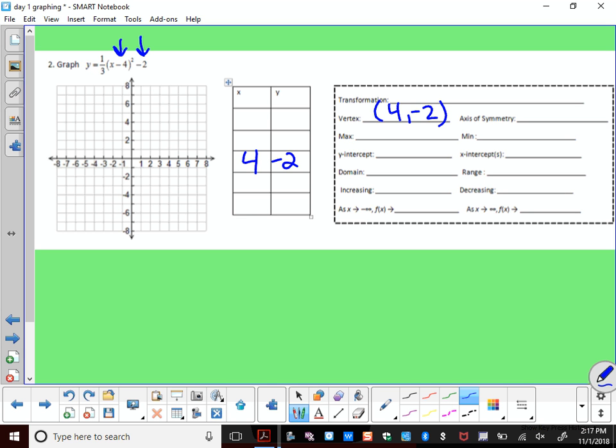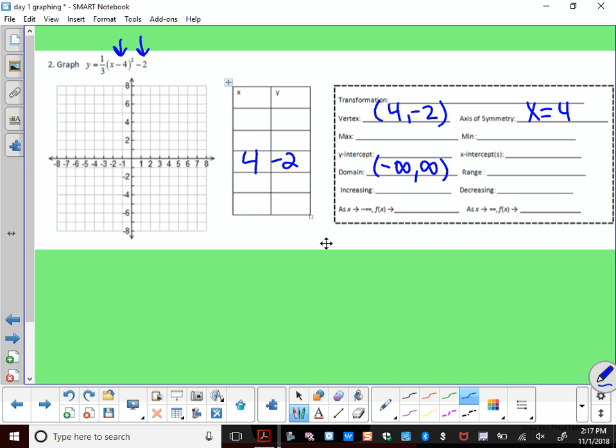What else can I fill in? Isn't it negative 4? It's opposite the first number. Oh. Opposite the first, keep the second. My axis of symmetry will be what? 4. I don't know if I'm going to have a max or min yet, so we can wait. My domain is going to be negative infinity to positive infinity.